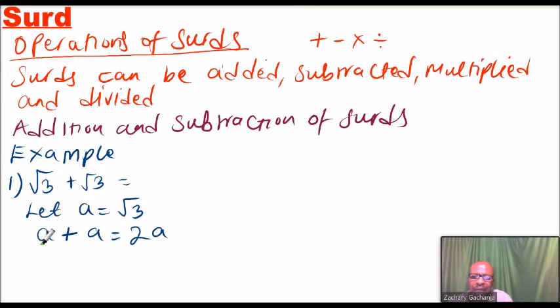Because we assigned A to be root 3, this is equal to 2 root 3. That is the simplest form; we have added.